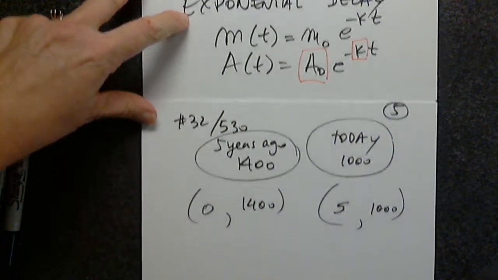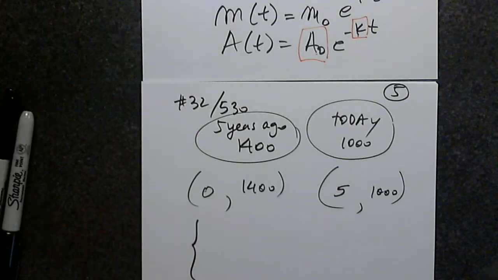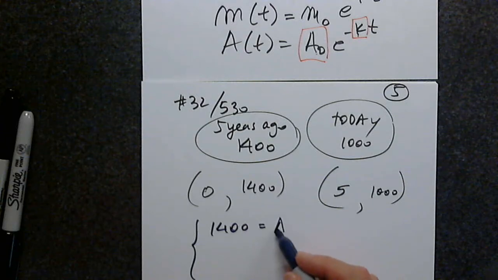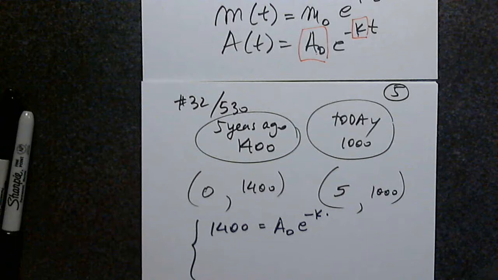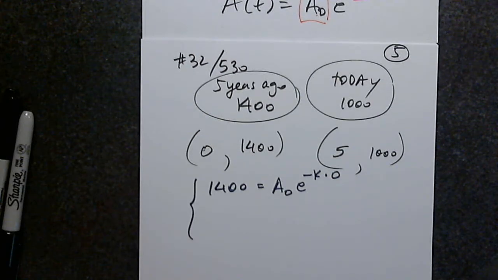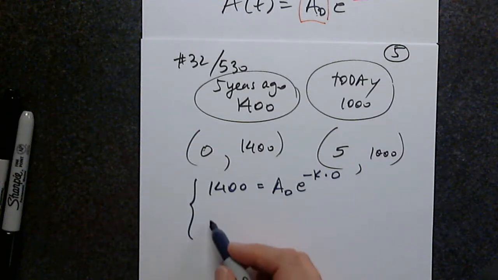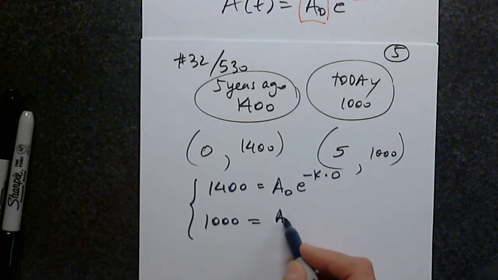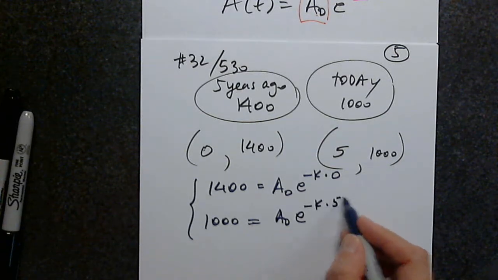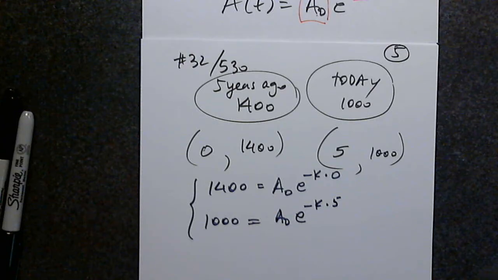We have to write an equation for each point. Slowly but surely, please give me the equation for the first point. 1400 equals the initial value, let's say we don't know what the initial is, times e raised to negative k times t. Leave it alone for a second, and let's write the second point. 1,000 equals A0, which we don't have just yet, times e to the negative k times 5.